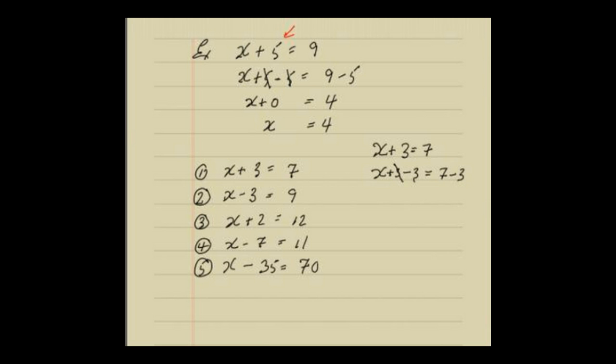The plus 3 and the minus 3 are additive inverses, so they give the additive identity of 0, so it's x plus 0 is equal to 7 take away 3 is 4. And adding the additive identity to anything, you get back what you had before. So we end up with x is equal to 4.